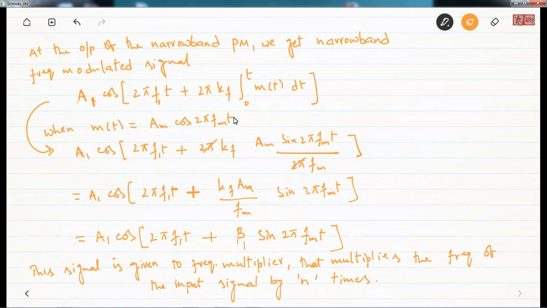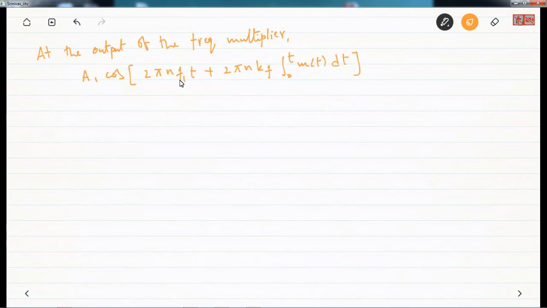Oops, we have again run out of pages. So I'll delete one of the previous pages, and then we have this input to the frequency multiplier: cos 2 pi f1t plus 2 pi kf integral 0 to t m of t dt. Now it is being multiplied by a frequency multiplier having a multiplication factor of n.